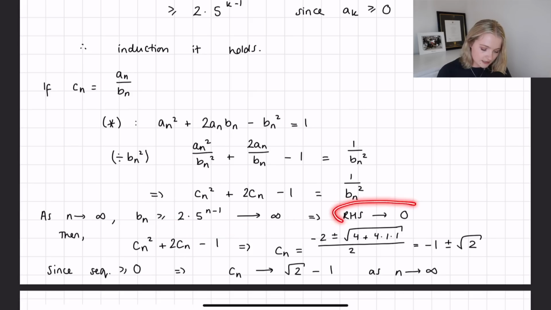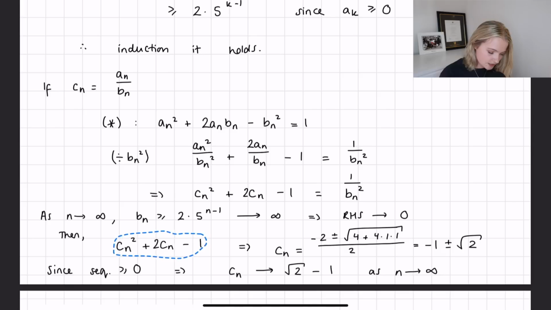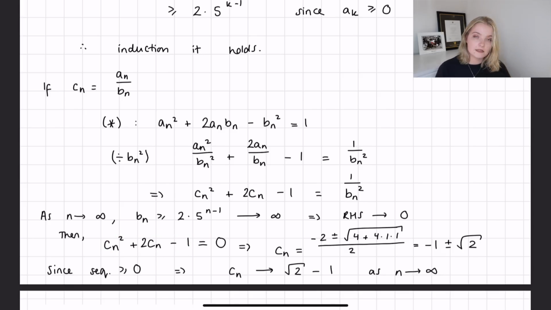And so the right hand side, which is this here, is going to tend towards 0. Because if we have 1 divided by infinity, that will tend towards 0. So as n tends towards infinity, this term tends towards 0. So what we have is this here. And I should just say, I forgot to say that that's actually equal to 0, because the right hand side is going towards 0.